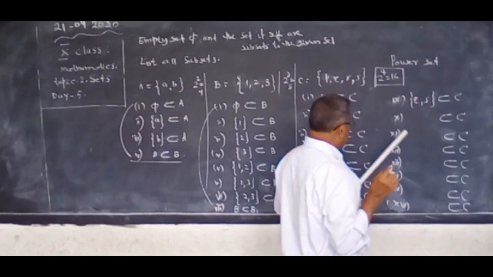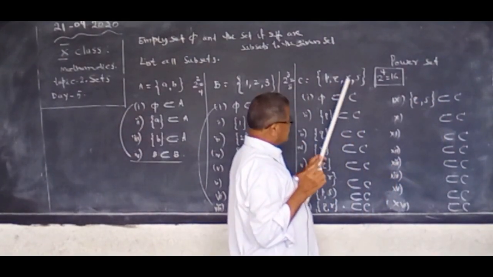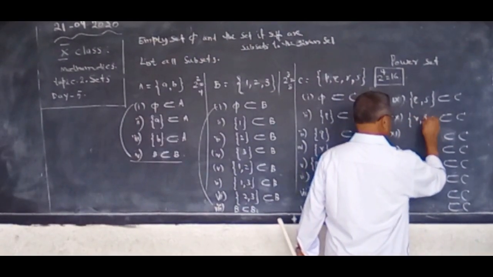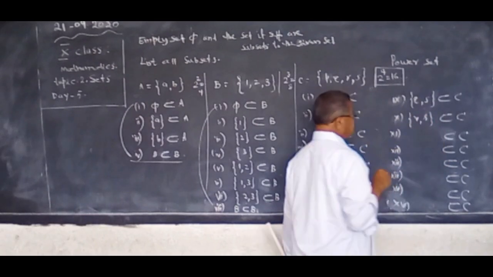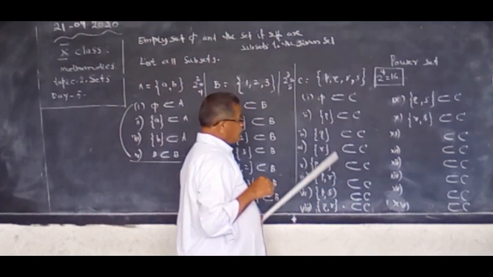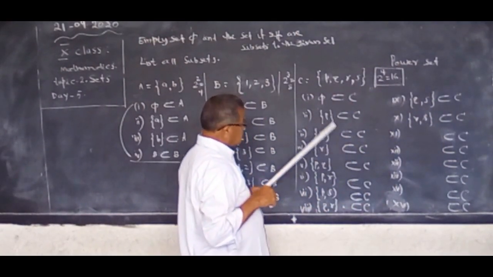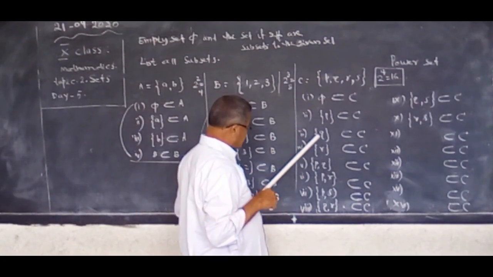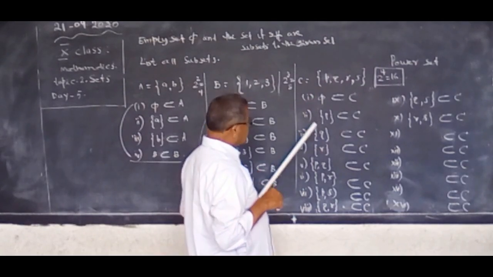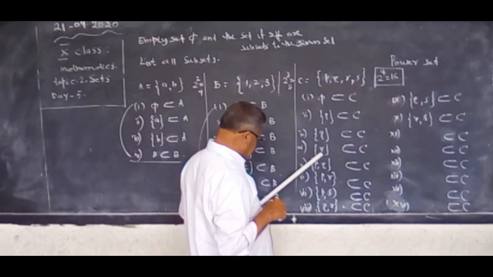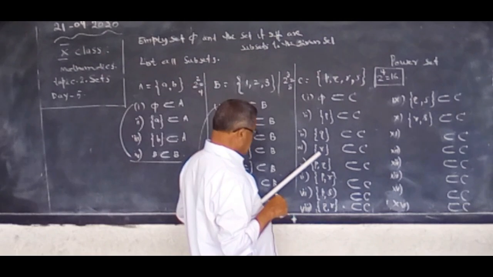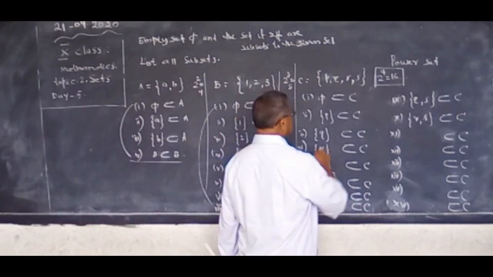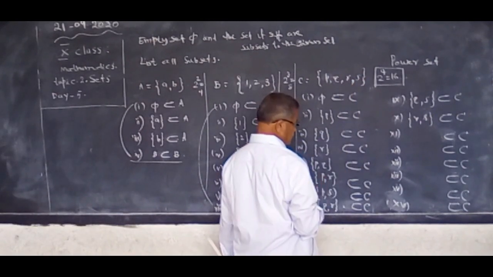Now, after Q, write R. First, single one element: P, Q, R, S. I didn't write S here. I forgot it. We have to cover S also. We missed it.